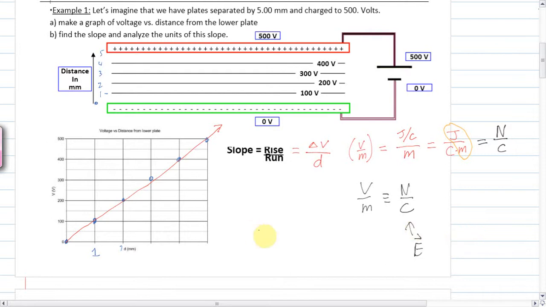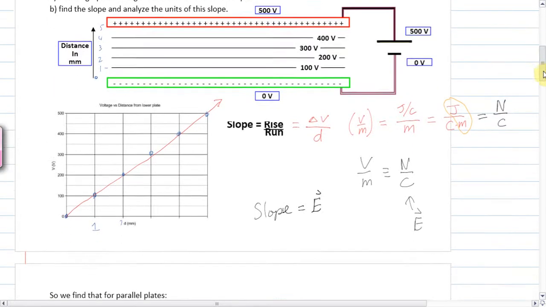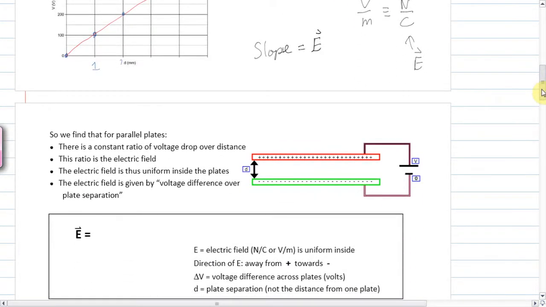So the slope of this graph is the E field. Okay? So a volt per meter is our E field. Let's swing on over to our next page.